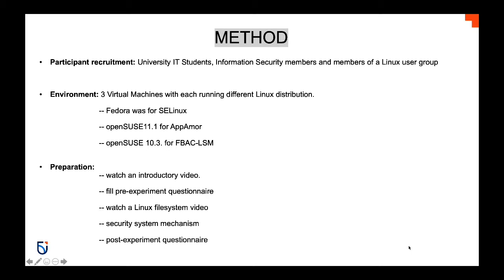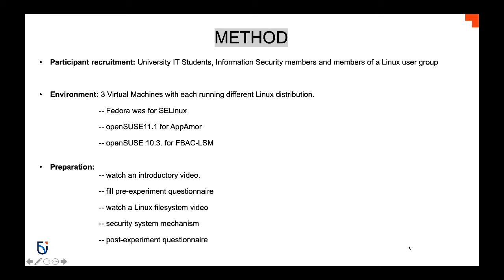Now the methodology, or the method used. The methodology used for this experiment was to ensure that all participants used all three security mechanisms to confine two programs using policies. They had to construct policies to confine these programs.